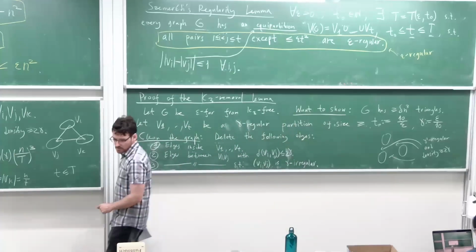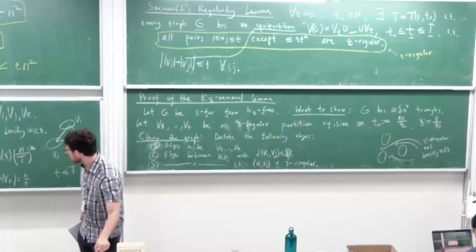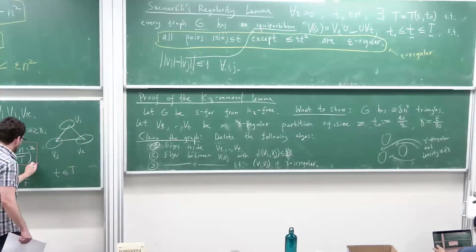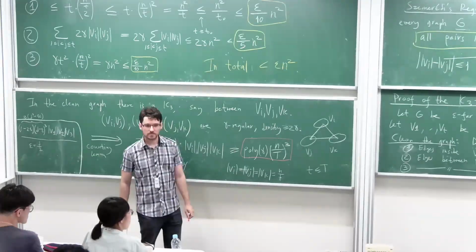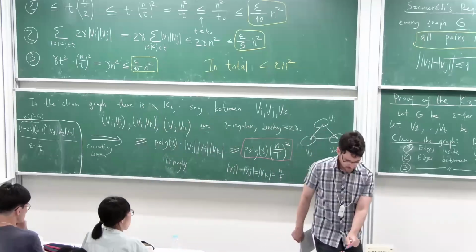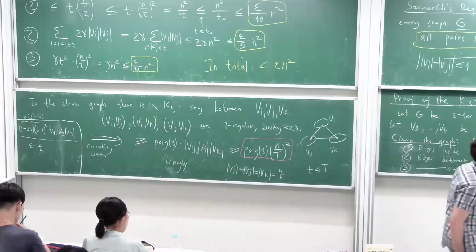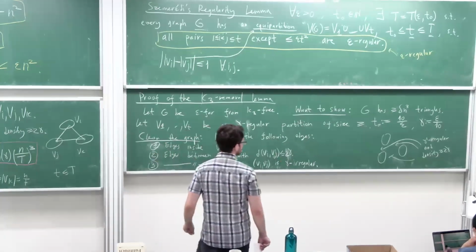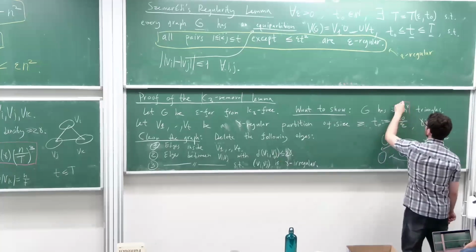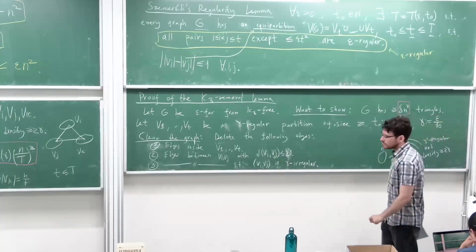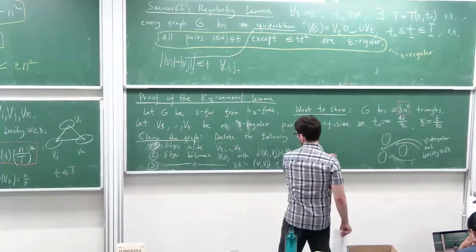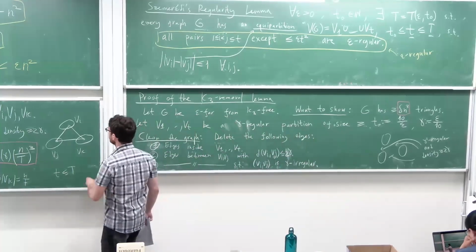So we get this lower bound. So now we're done, because remember, what we wanted is that we have delta n cubed triangles, where delta depends on epsilon, and here we have an expression of this form.